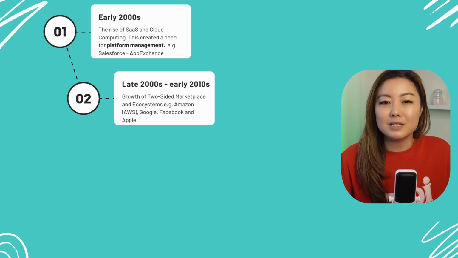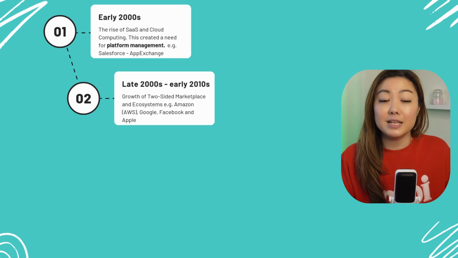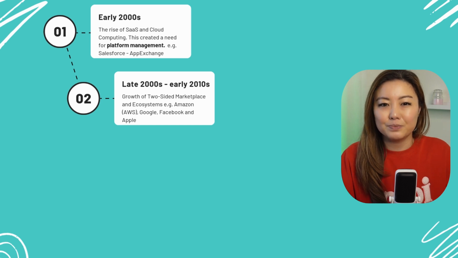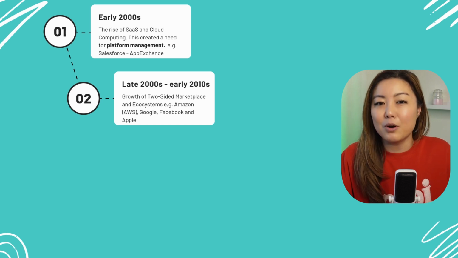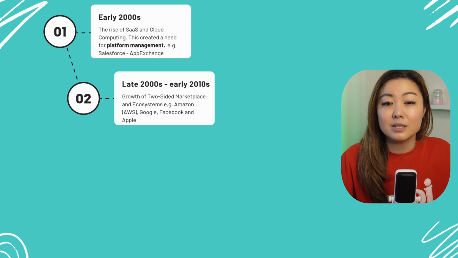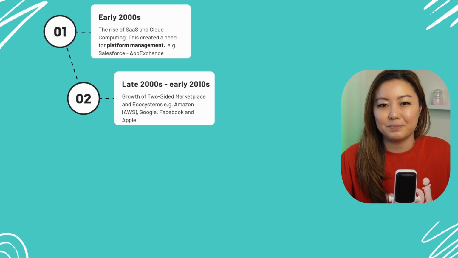The platform business model became dominant, particularly with two-sided marketplaces, where both buyers and sellers interact, and the app stores. Now, the role of a platform product manager evolves to manage these complex ecosystems, aligning the needs of various stakeholders, defining platform policies, and ensuring security and innovation.